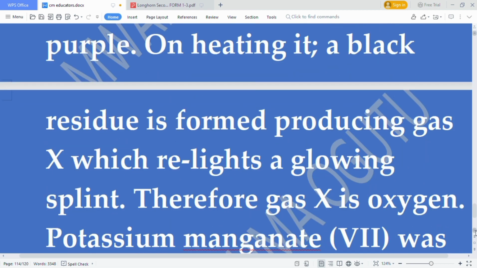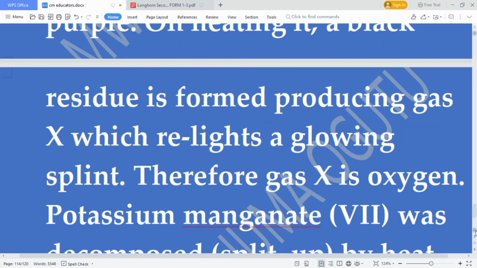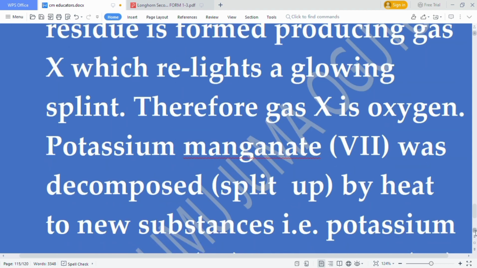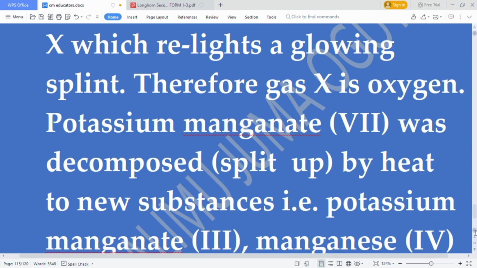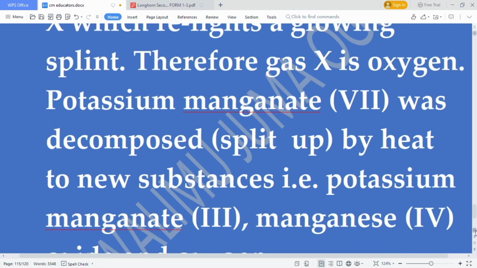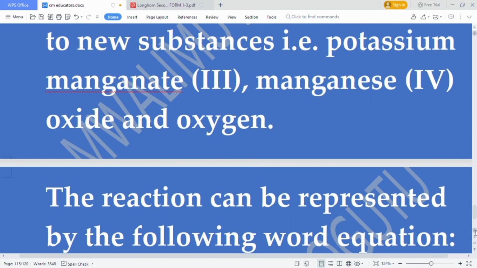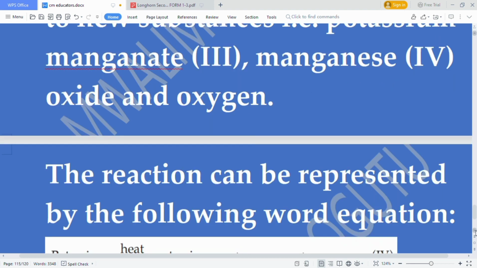So potassium manganate 7 was decomposed by heat to produce substances. We have potassium manganate, we have manganese oxide, and oxygen. So those are the products of the decomposition of potassium manganate 7. The reaction can be represented by the following word equation.